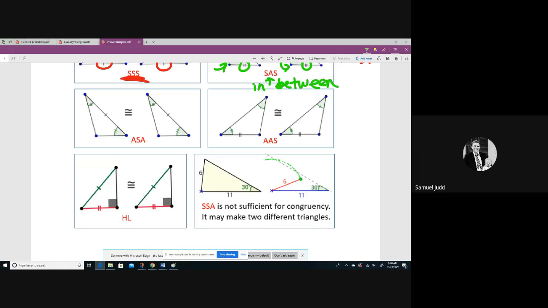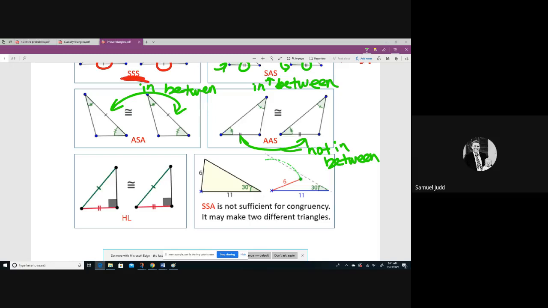Okay, what if you can only prove one side congruent? Well, it turns out that whether the side is in between, as is the case here, or if the side is not in between, as is the case here, that's a valid reason for proof when you have two angles and a side.